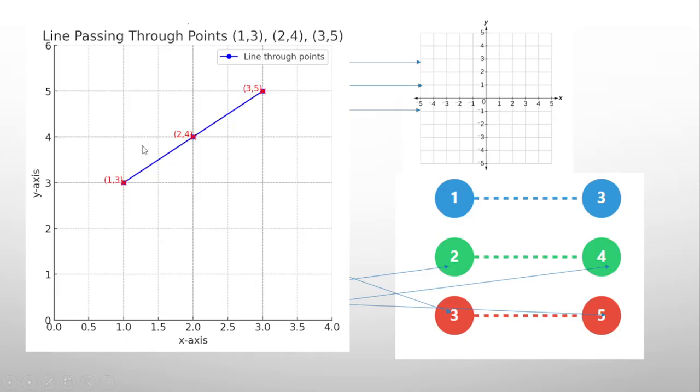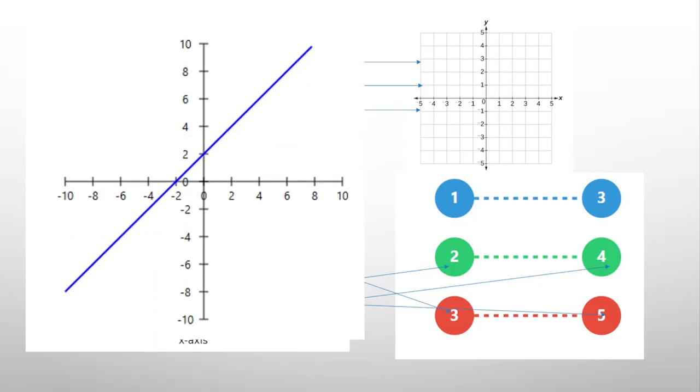It would be something like this, 1, 3, 2, 4, 3, and 5. If we continue to draw that, we have a line. So this is a great way to picture how functions work.